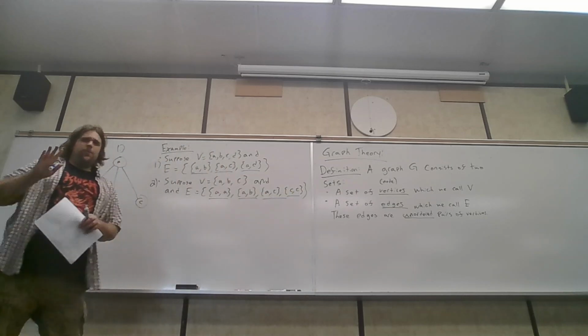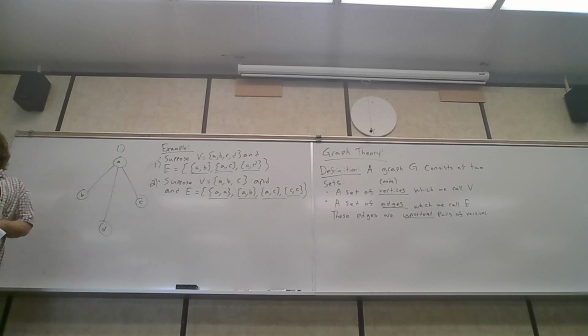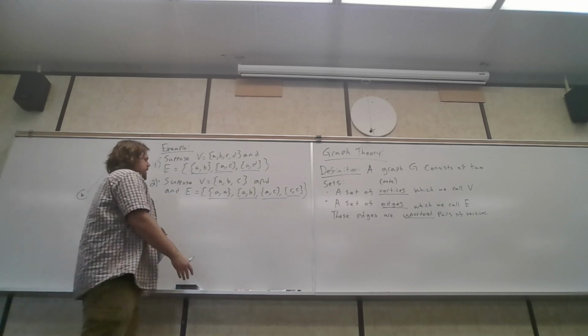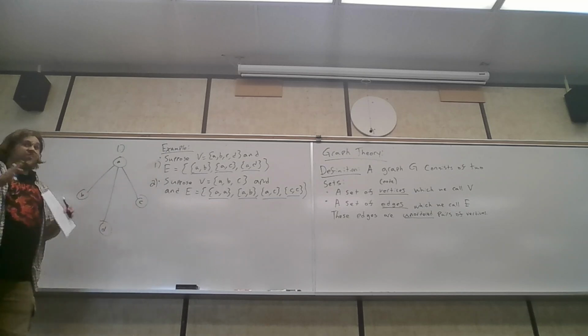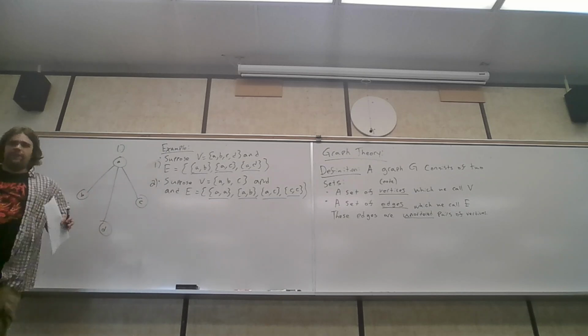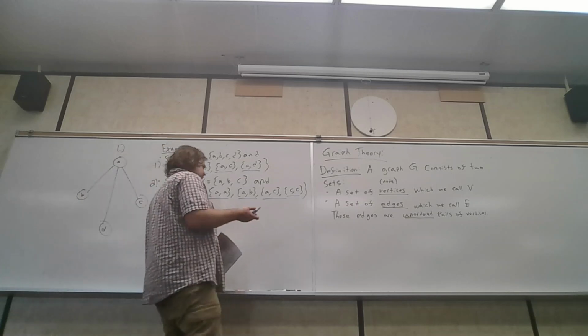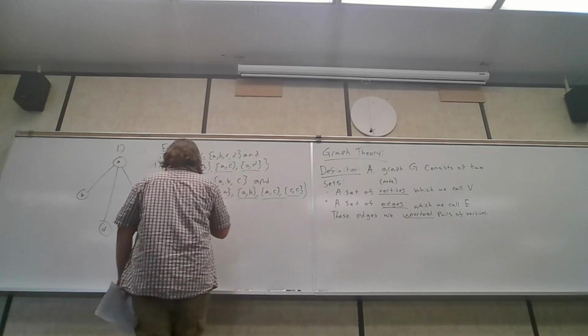So this is a weird little exception that we're making for demonstration purposes. Generally speaking, you would call this a multi-set. But we're not going to turn our attention to these types of graphs because they're really bad. But I want to show you that this is still technically a graph.